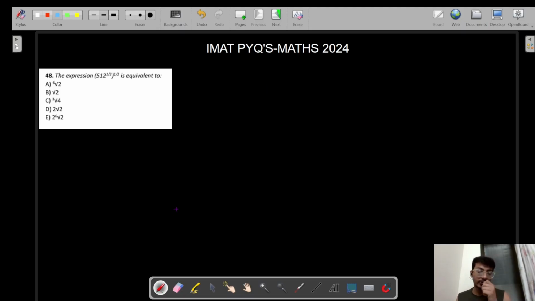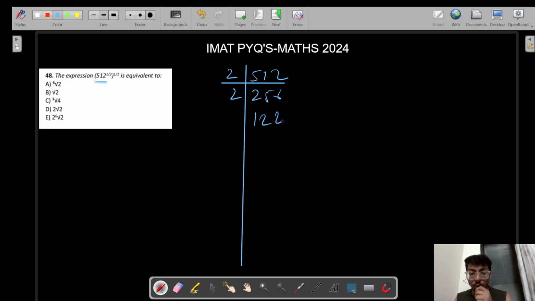The very first thing we will do is prime factorize 512. The first prime number that will divide it is 2, and it can be written as 256, again 2, 128, again 2, 64, again 2, 32, again 2, 16, again 2, 8, again 2, 4, again 2, it's 2, again 2, then it's 1.